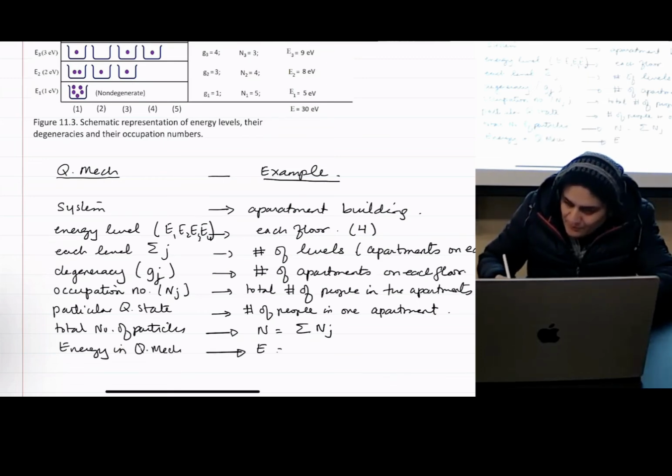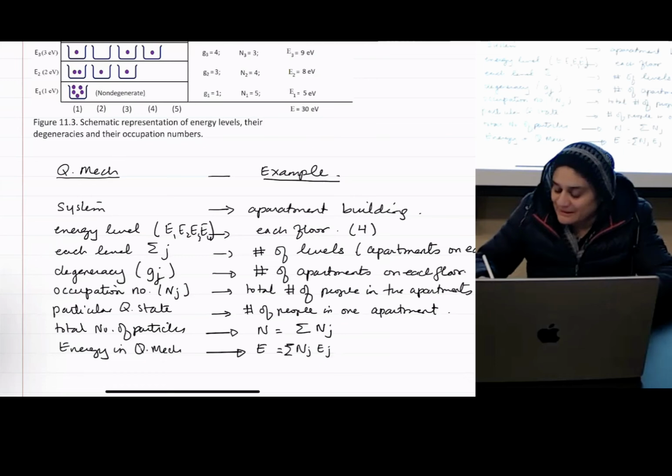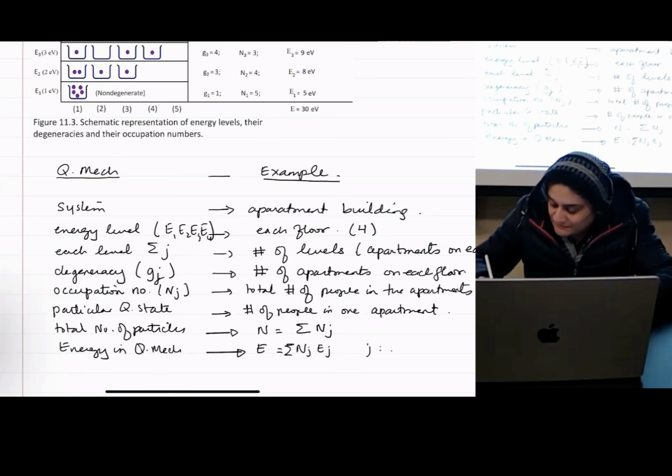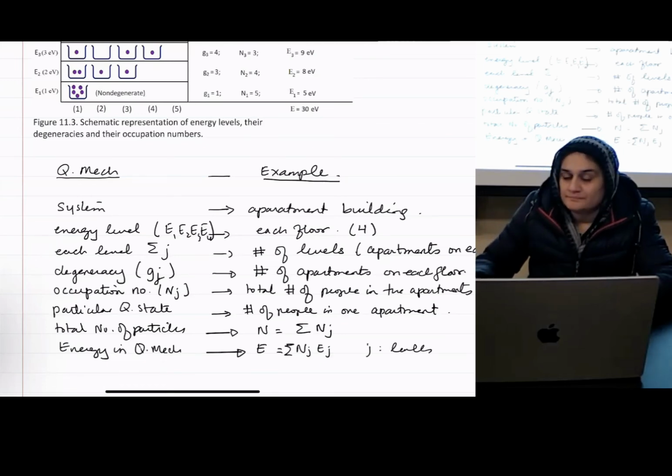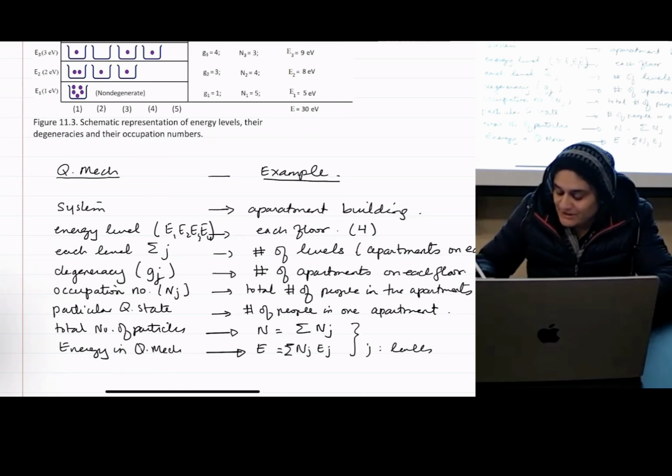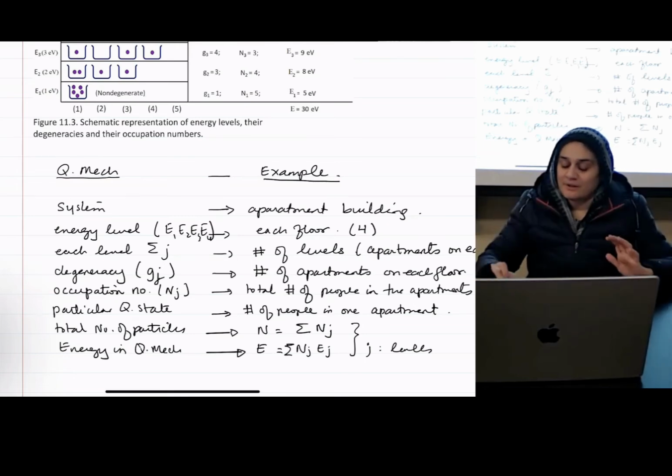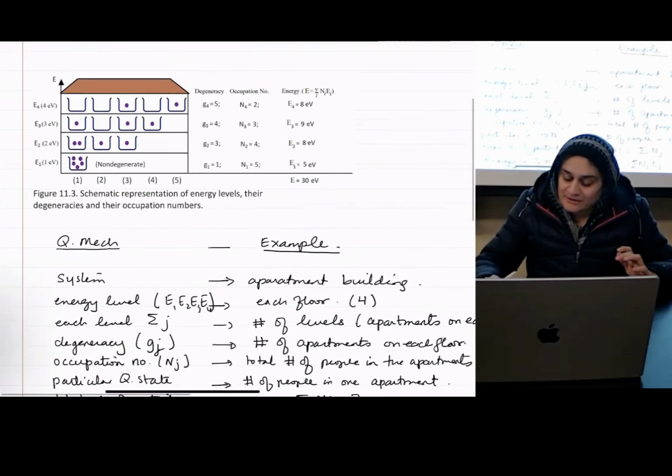E will just be the sum of N_j E_j, where j just tells me the levels. That's both cases. So think of this as an apartment high rise. Okay, so going back to this picture.